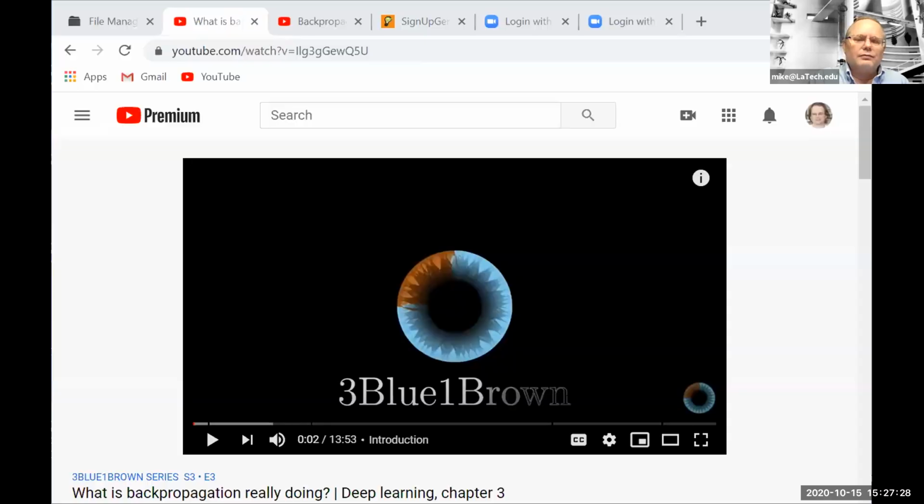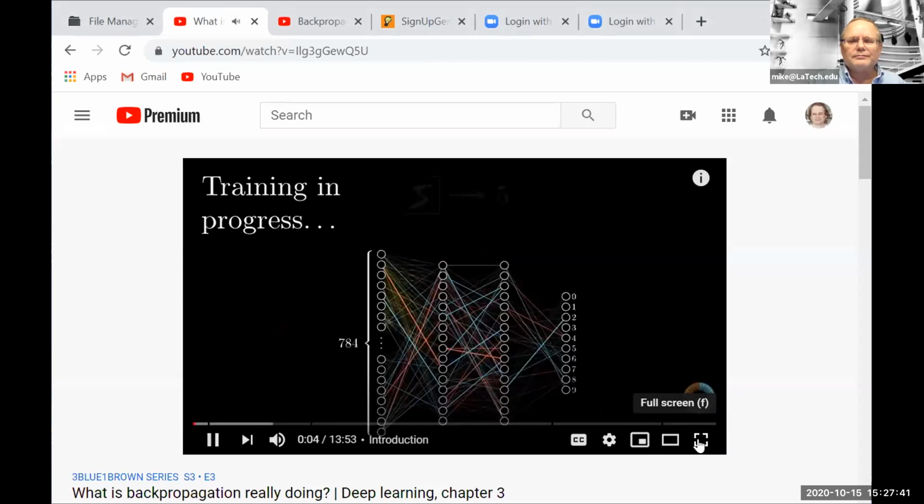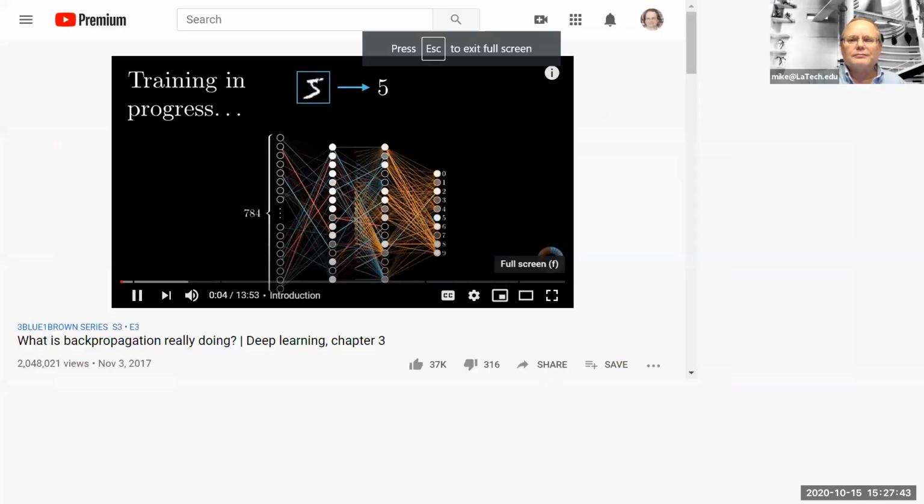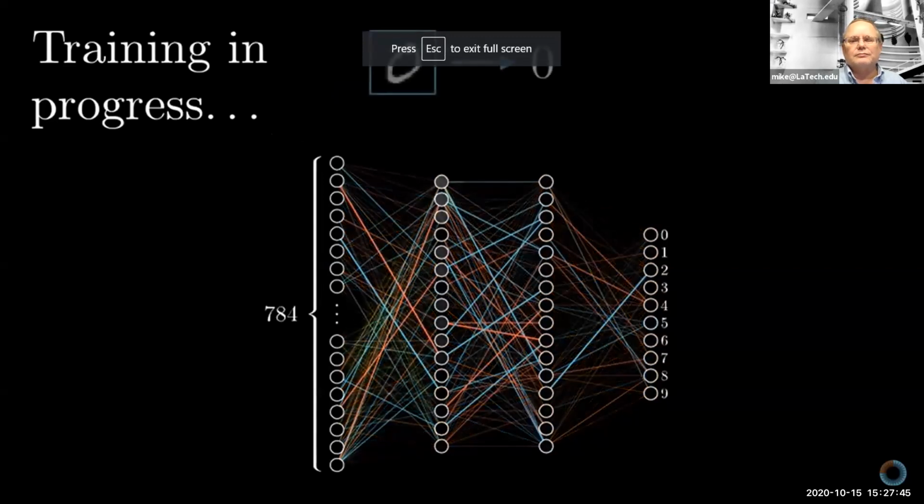So I'm using 3Blue1Brown, which I find is quite good. There are 2 of them. They're each about 10 minutes apiece. So let's watch them.